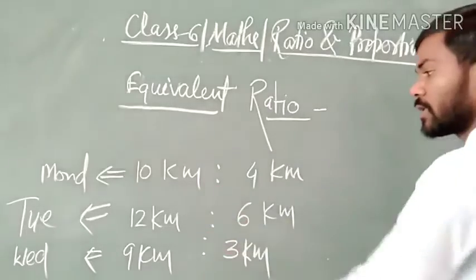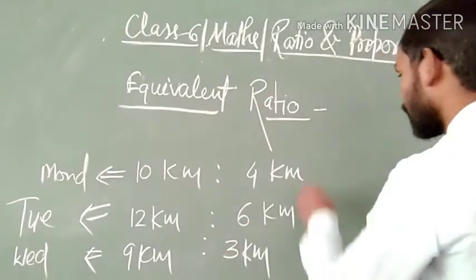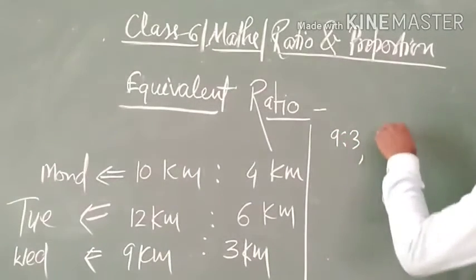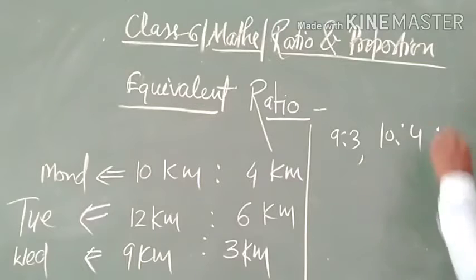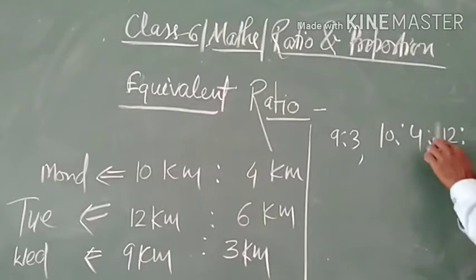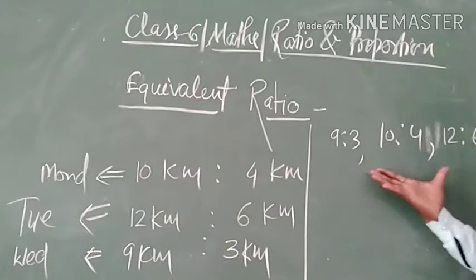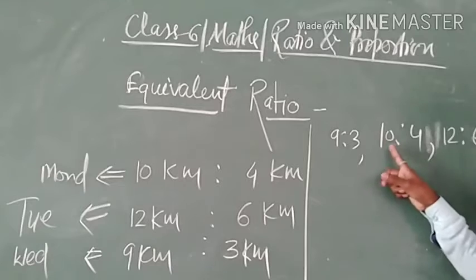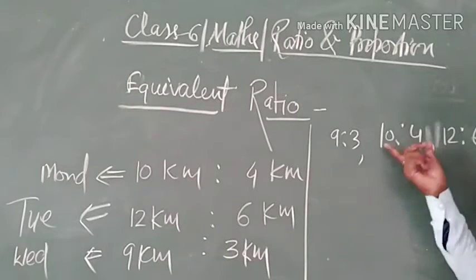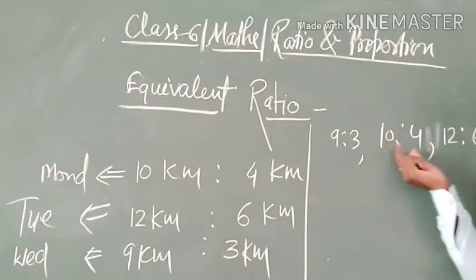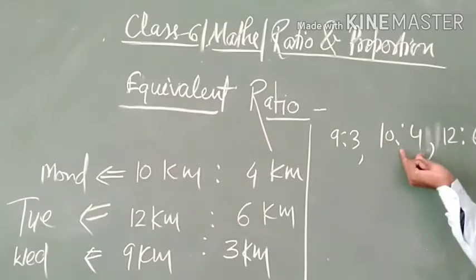So if we arrange this in order, we have 9:3, 10:4, and 12 ratio 6. In all of these, we can easily see the change. In the second ratio, 1 kilometer in each turn increased.